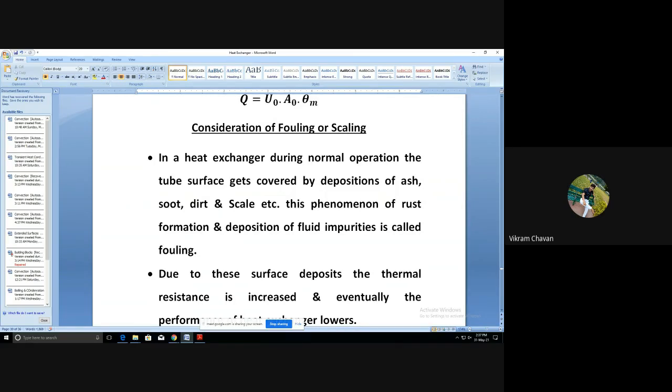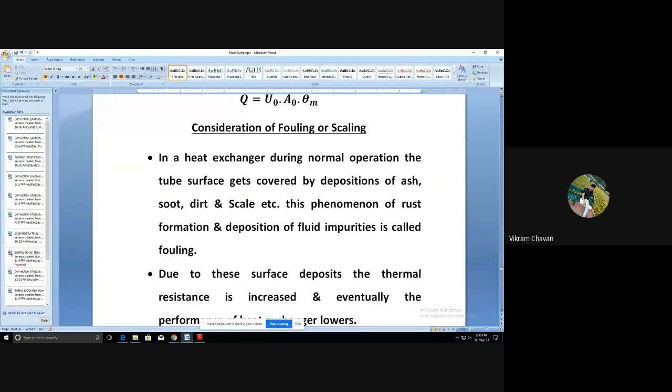In a similar fashion, in a heat exchanger we are also dealing with very high temperature. Then whatever minerals, ash, dirt particles, or scales are present in the liquid, all such particles will get deposited on the heat exchanger surface area available for heat transfer.